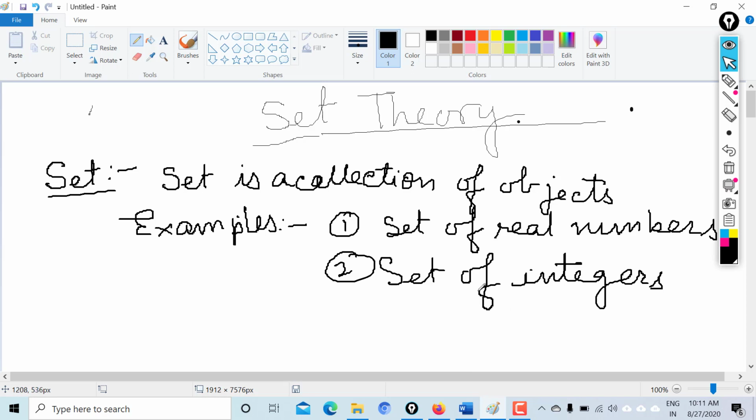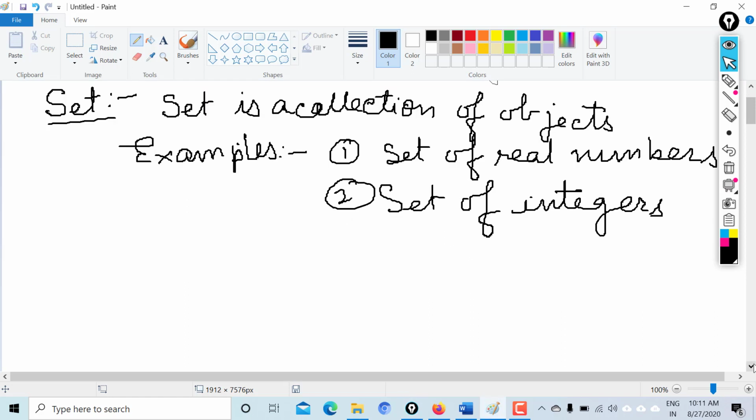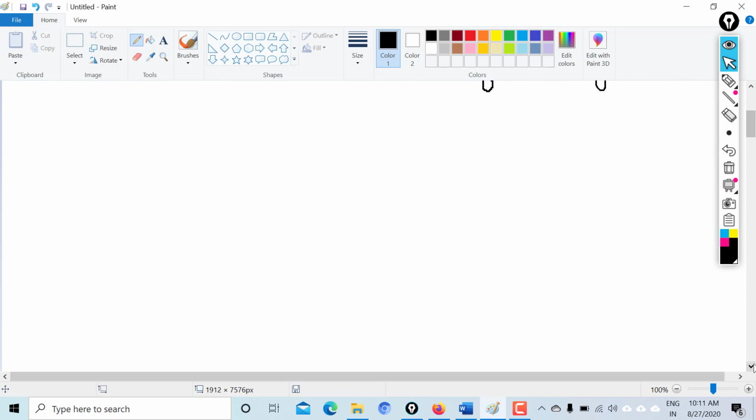These are examples of sets. What are the different operations on sets? The different operations on sets are the union operation and the intersection operation.